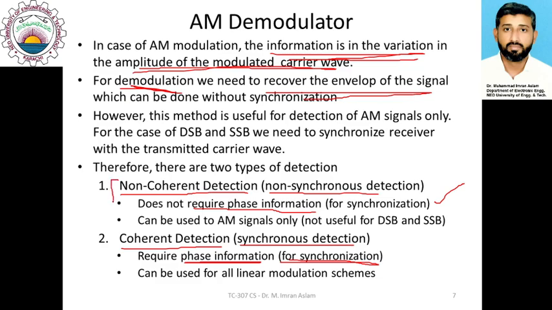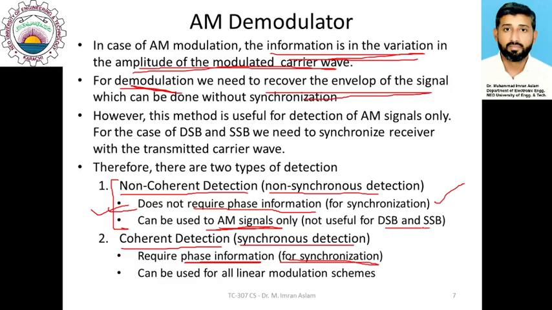This non-synchronous detection can be used only for the case where you are using the basic AM signal. The standard AM can be detected non-synchronously without any synchronization, because in that case we do not generally encounter any phase reversal.